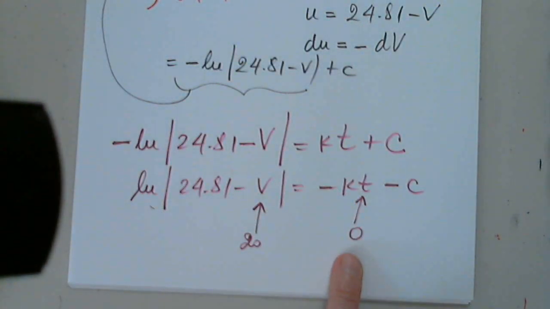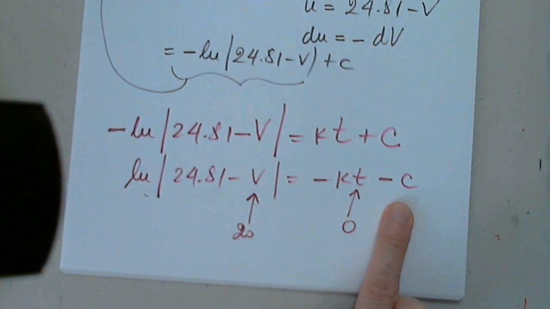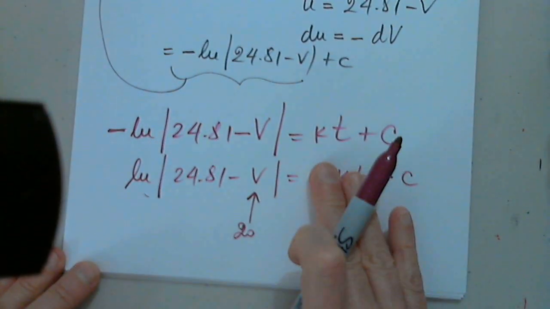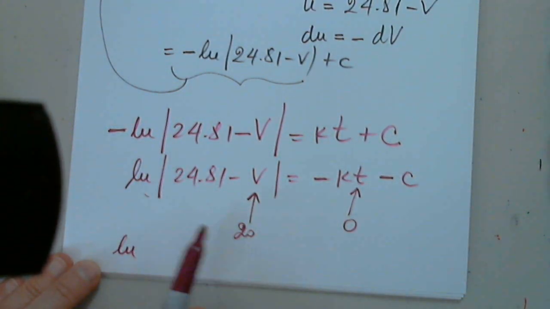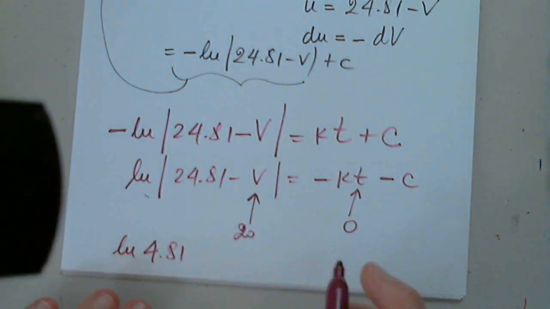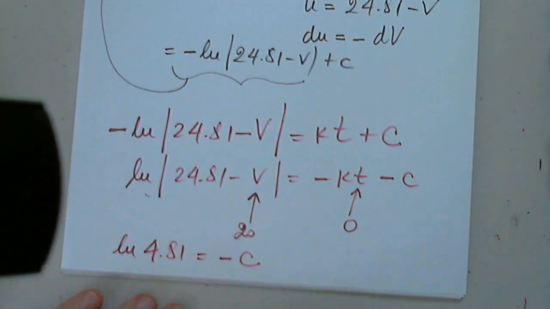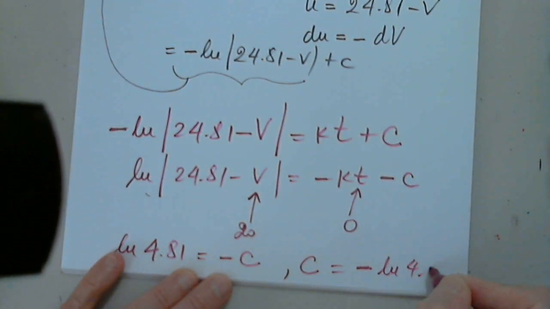When t is 0, v is 20. And then we determine c. Okay, so this is 0. This is natural log of 24.81 minus 20. Right now, it does not need absolute value. It's a positive number. Equals negative c. So then c equals negative natural log of 4.81.